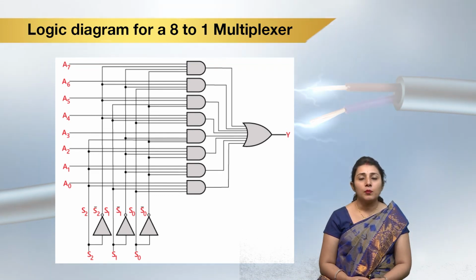These combinations, according to the logic expression, are given at the inputs of the AND gates along with the inputs of our circuit, A0 to A7. The outputs of these AND gates act as the inputs for the OR gate, and Y is taken at the output.